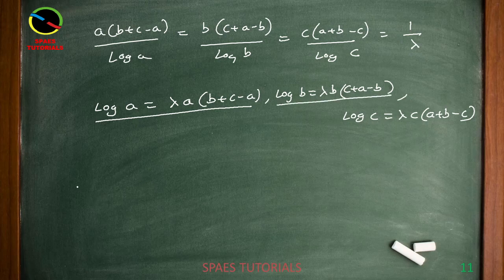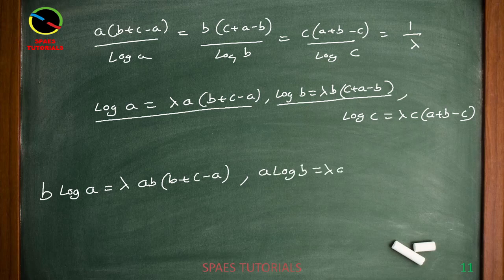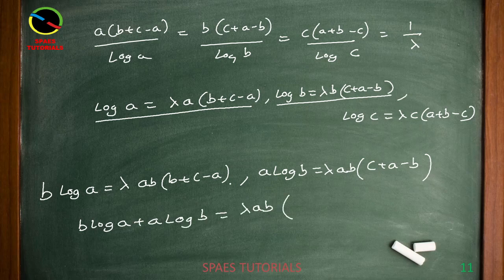I am going to multiply b with log a. Then what's going to happen? Lambda ab(b + c - a). Similarly, I am going to multiply a with log b. a log b is equal to lambda ab(c + a - b). Add both of them. b log a plus a log b will be equal to, you can take lambda ab common, then b, b cancel, a, a cancel, you will be getting 2c. So that's going to be 2 lambda abc.